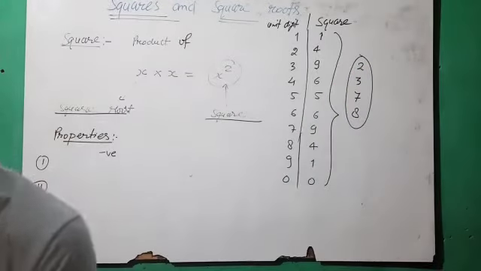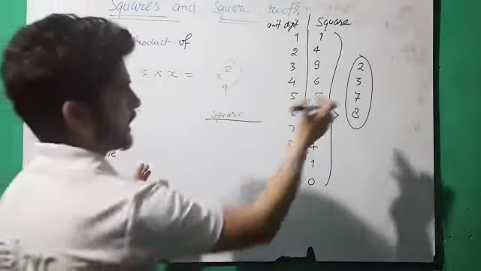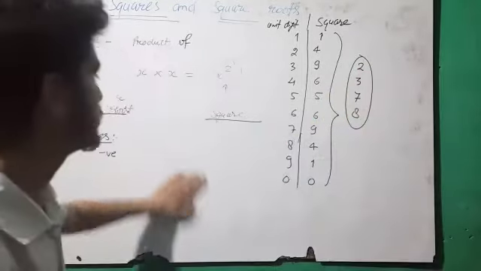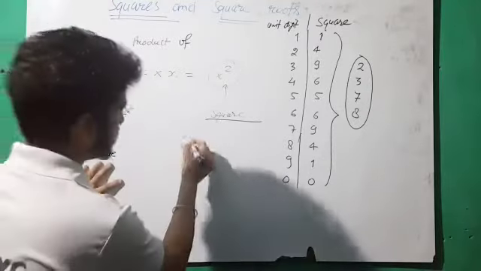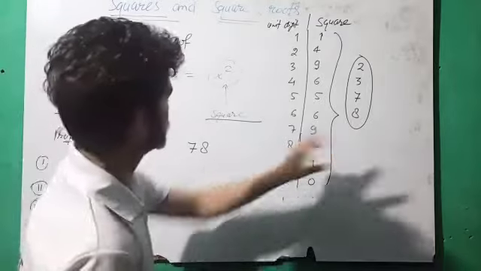Okay, this is a very important property. We can directly say by seeing a number that if the number ends with 2, 3, 7 or 8, then it is never a perfect square. Like if you have 78, the number ends with 8, so this is not a perfect square.